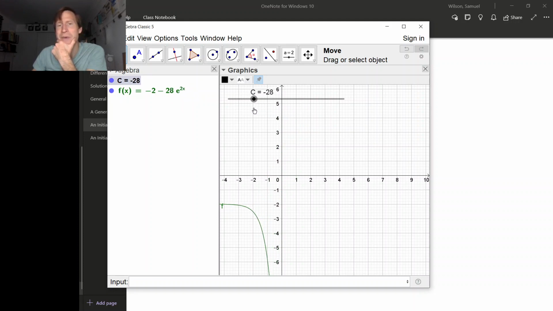and you can imagine that if this slider were infinitely long and infinitely precise, I could slide it back and forth so that I could make this graph land on any point in the entire plane. We're looking for the solution that passes through (2, 4), so that's right here.